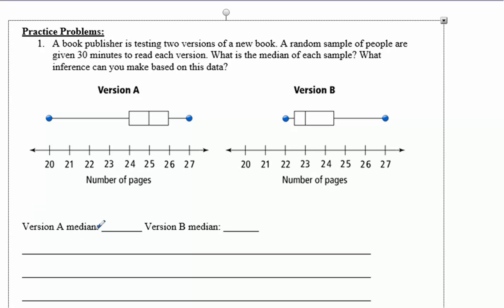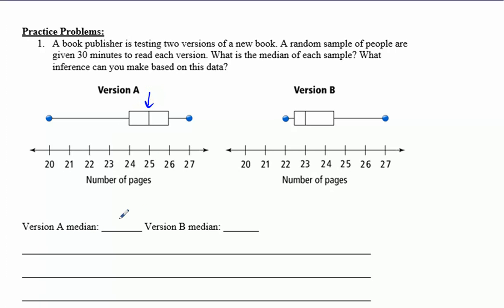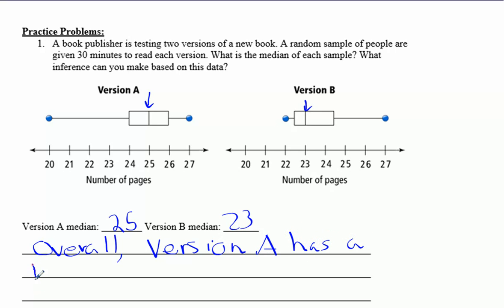Okay, so medians were fairly easy to find. They are in the middle of our data. So version A's median was 25. Version B's median, 23. And again, we're going to make that statement starting with overall. Overall, I could say one is higher than the other, or I could say one is less than the other. It doesn't really matter which way you go. I like to say the higher one. So overall, version A was a higher median, and again, median what?